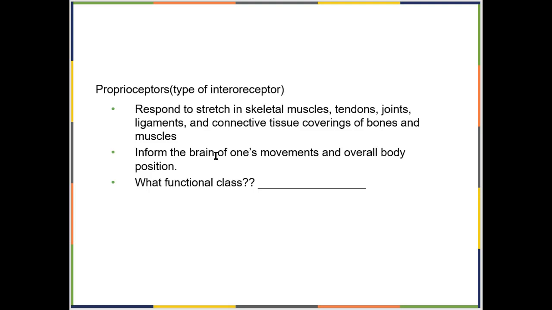And it's hugely important to being able to operate your body, because if you don't know what your limbs are doing, then you don't know how to direct them to perform movements. And it's one of those aspects of how your body works that we don't think about very often.